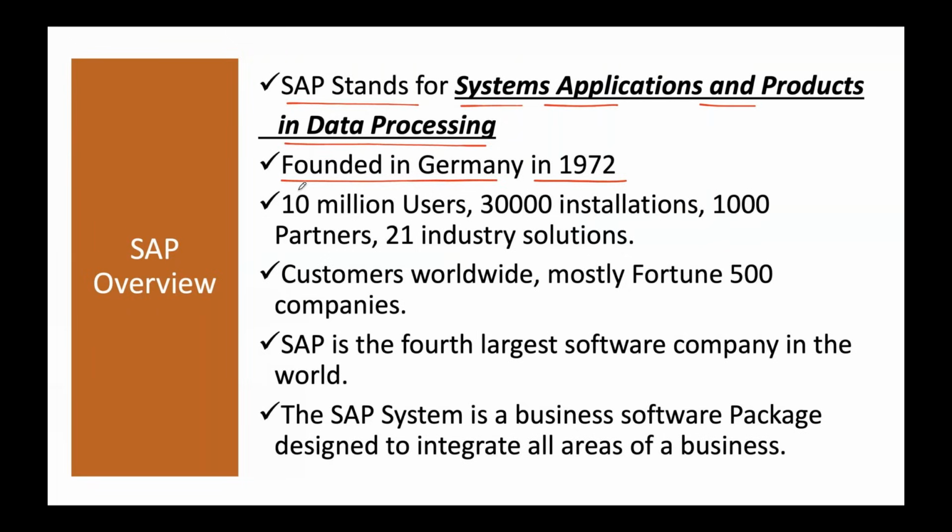As of now, there are 10 million users, and 30,000 companies have already installed SAP. They are working on SAP to run their day-to-day business and company operations. There are 1,000 partners of SAP, and SAP has already come up with 21 industry solutions.